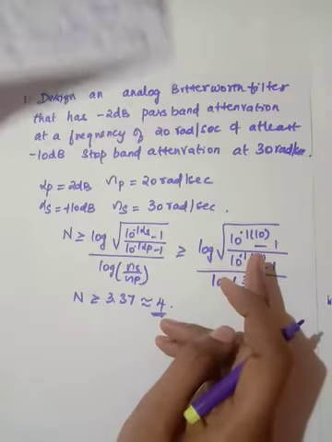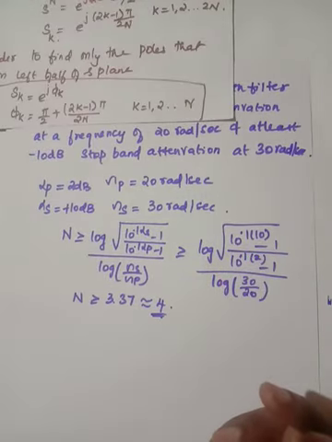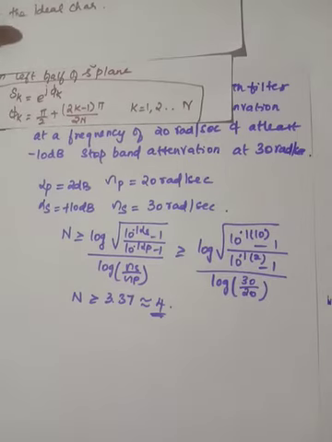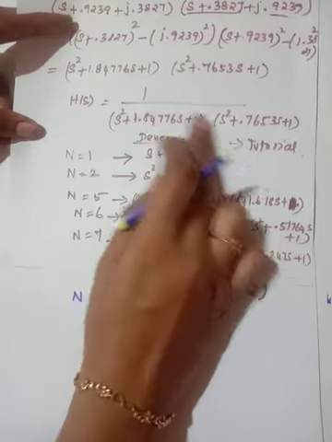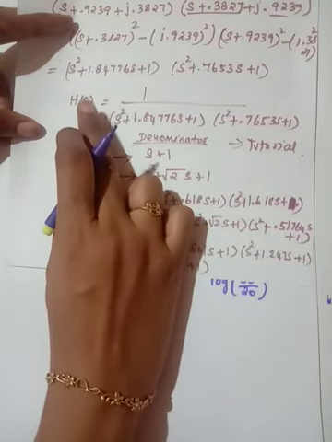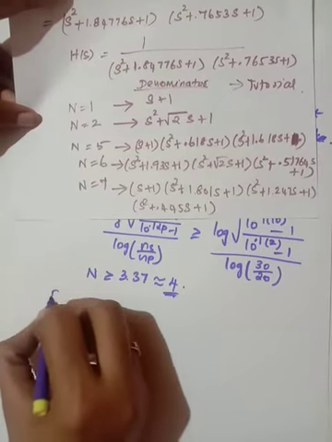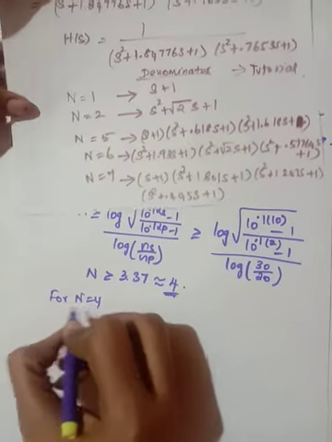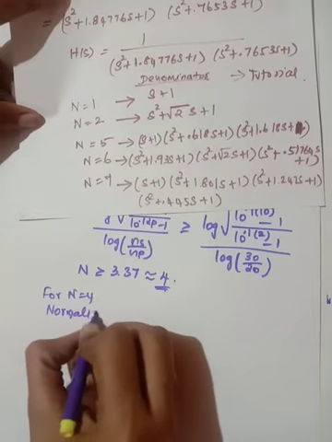In the last class itself we derived these steps for n equal to 4 and ohm c equal to 1 radian per second, which is the normalized low pass filter.